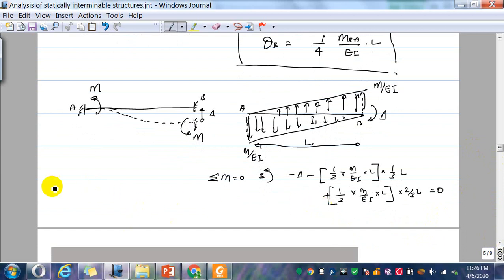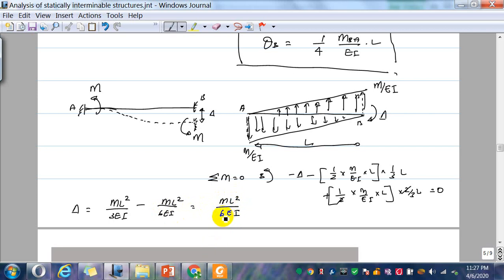So now delta is equal to, here this 2 and 2 cancel off, so ML squared over 3EI minus ML squared over 6EI, so that gets me ML squared over 6EI.